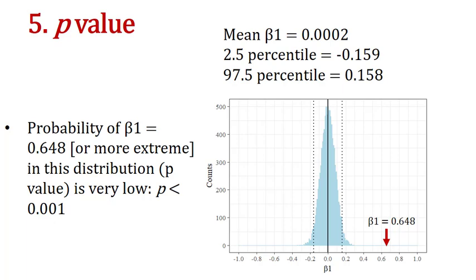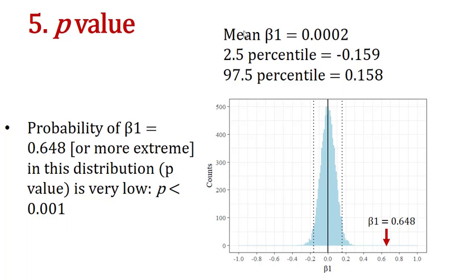Okay, so the p-value tells us how probable it is to obtain this value if in the population the beta 1 equals 0. It could be that in the population the beta 1 is 0, like we assumed when we developed our sampling distribution, but then by chance in the sample we obtain a very high beta 1 value, and it could be the case that it came from a sampling distribution where the null hypothesis was true.